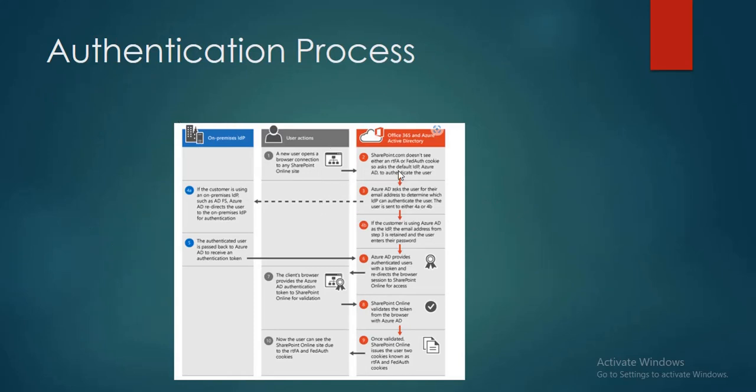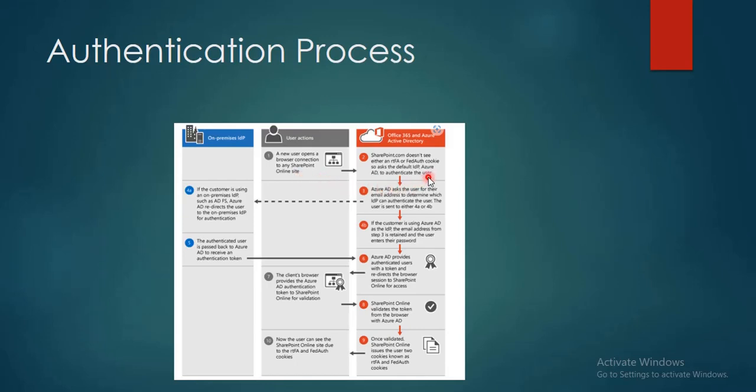So let us say a user starts to access the online sites. How is that authentication process carried out? For example, here a new user tries to open the browser and connect to any of the SharePoint Online sites.